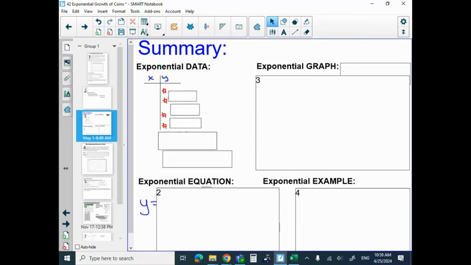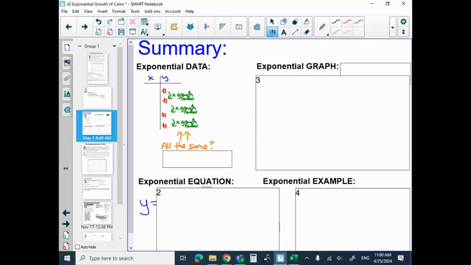We'd have the numbers would be like this, where you'd have this growth factor multiple that the numbers are growing by. And we'll talk about what the growth factor can be as well when we look at the equation. But the key is if the multiple going from one to the next is always the same. You can look at it as the second number divided by the first number always.